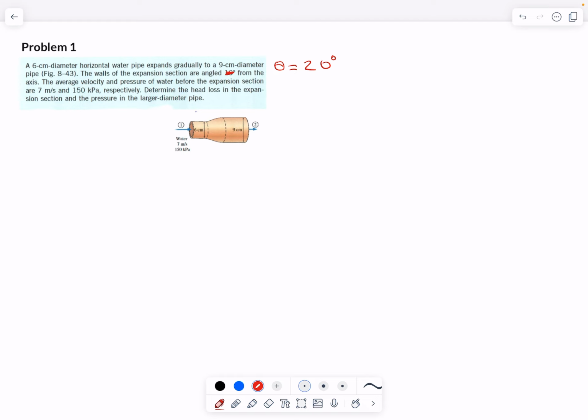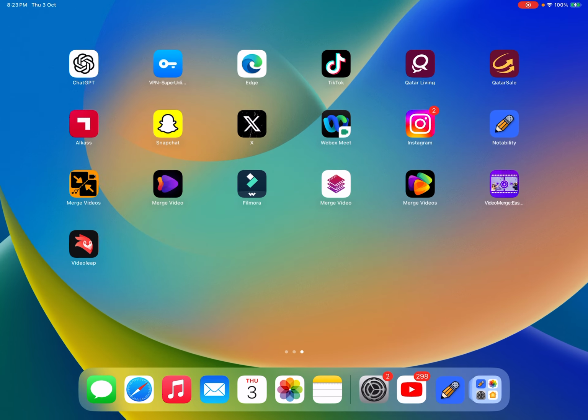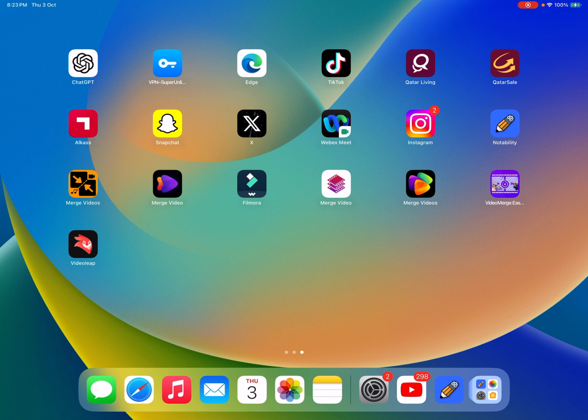So we assume that the flow is turbulent and alpha is constant, which is equal to 1.06. Now we need to go to the table because we have 20 degrees.